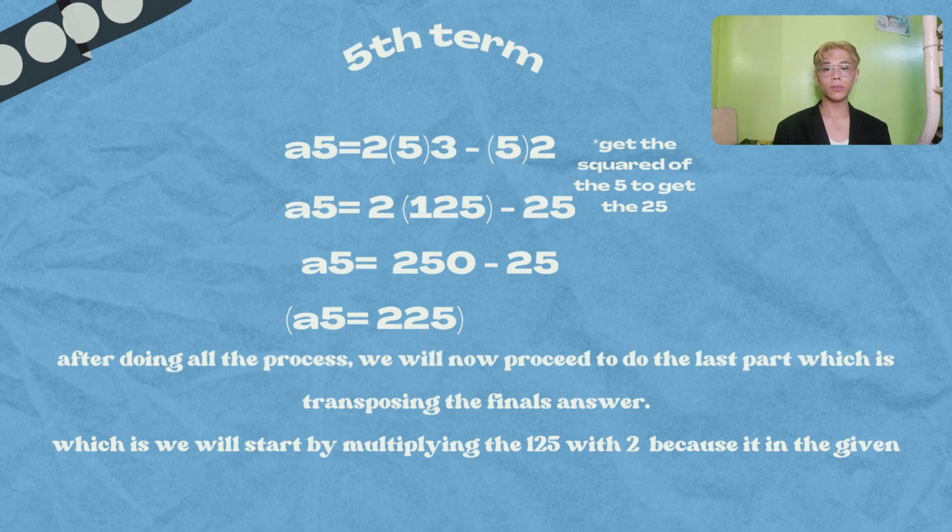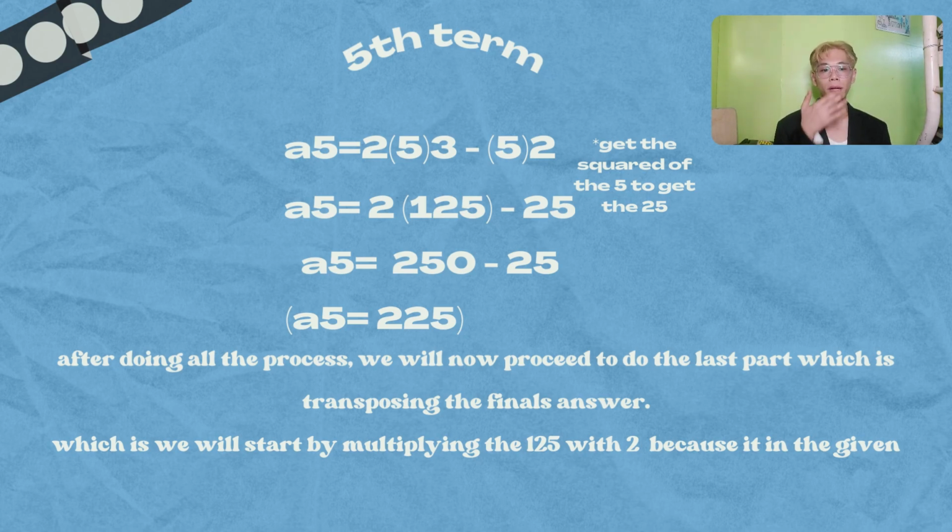Then we will also get the square, resulting to a5 is equals to 2 times 125 minus 25. And if you ask where did we get the 25? It is from 5 times 5, resulting to 25. That's just basic math.